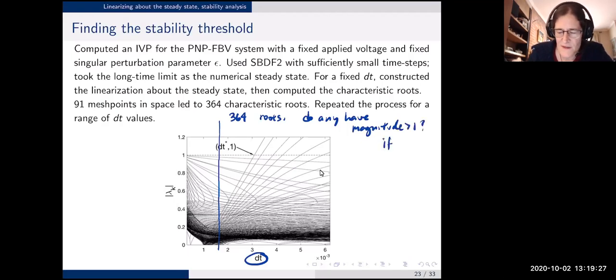If yes, then unstable. And so what I can do is vary my dt. And for each time step size, I can compute those 364 roots.